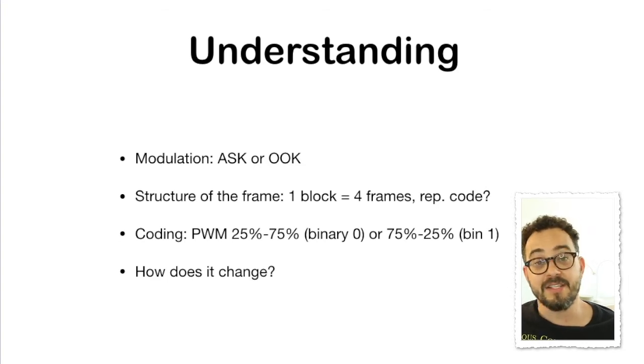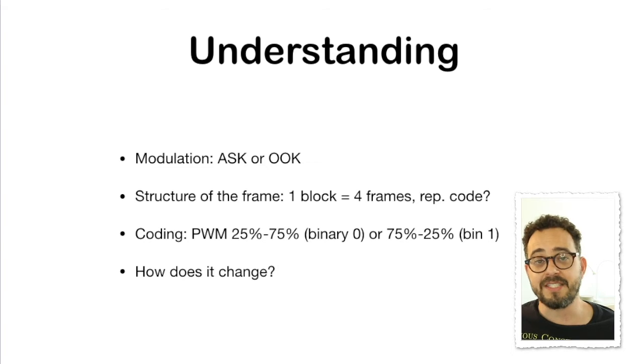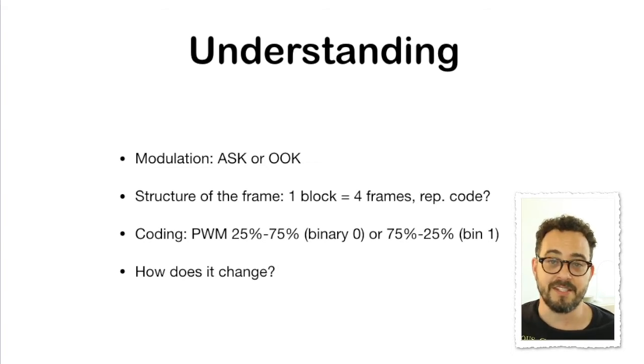And in this case, we have two states, a 25%, 75% state, which we have decided to be the binary 0. And we have a 75%, 25% state that we have decided to be a binary 1. We can always change that when we start decoding the signal. And if we see that we have the other way around, we can always change that to match what we are expecting to have.